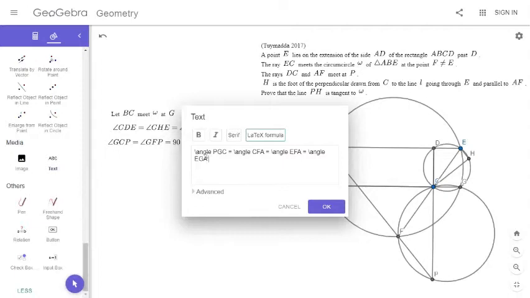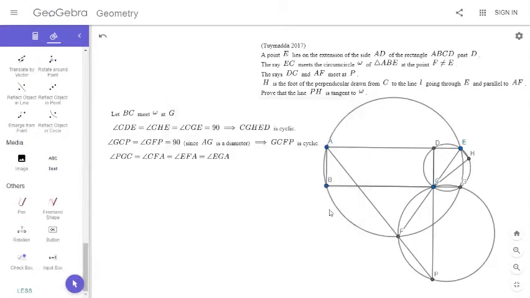How do we do this? I'll just write that out so far. PGC, CFA is EFA.